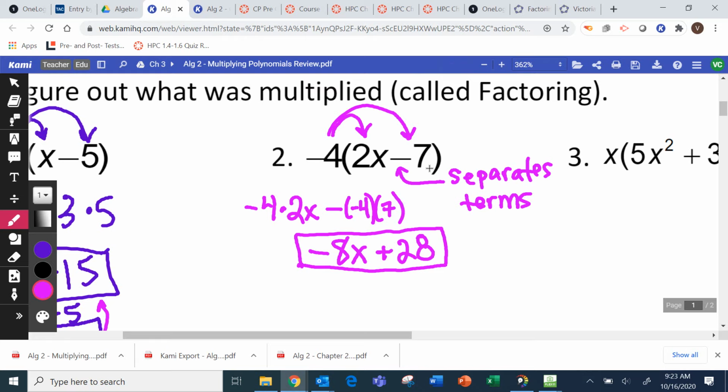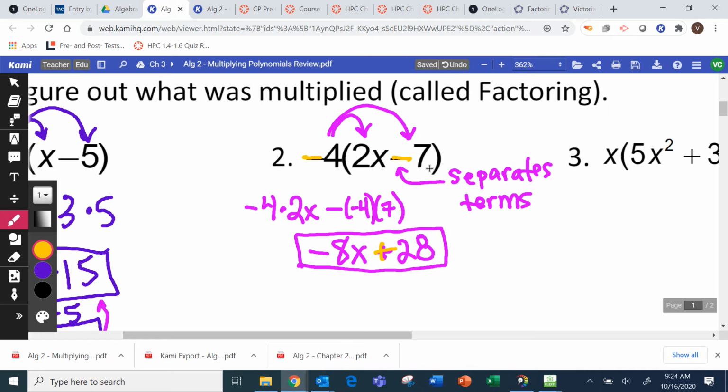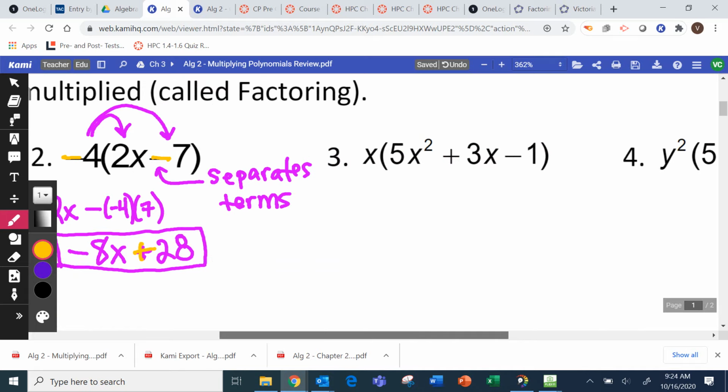I'm trying to remember who did this mistake. Do you think you know, Grace? Yeah, some people forget to pay close attention. I mean, when I ask you guys, well, if I do a negative times a negative, that's a positive. But sometimes people just don't look at the negative outside and forget.